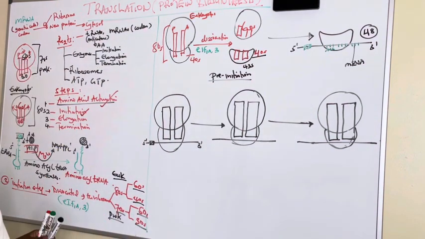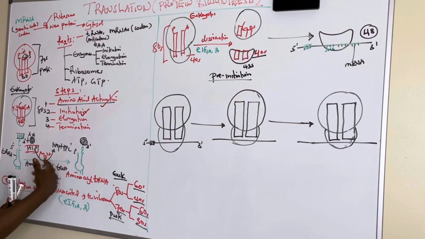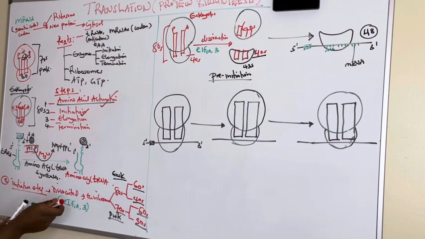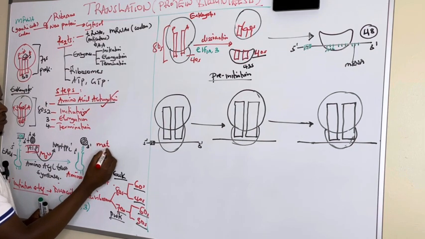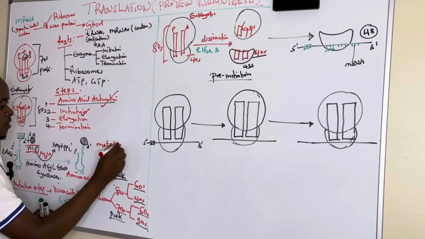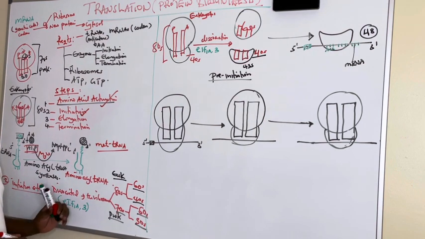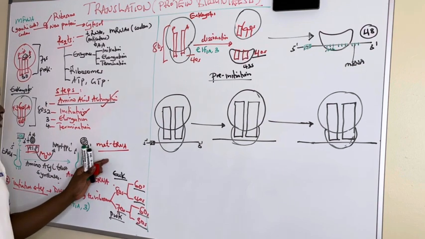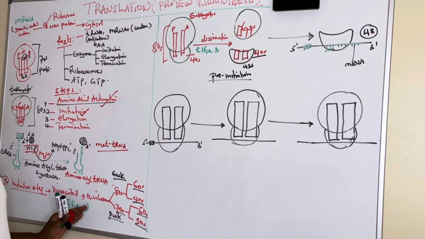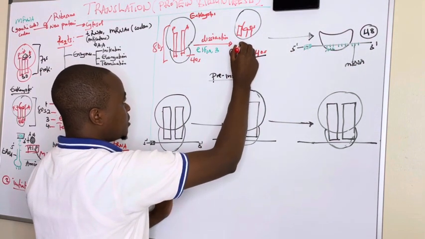After charging the amino acid onto the transfer RNA, we know the first transfer RNA in eukaryotes is MET, which stands for methionine transfer RNA, which is always the first amino acid in all proteins. This complex is formed in the presence of ATP, and it comes and binds in the P site.